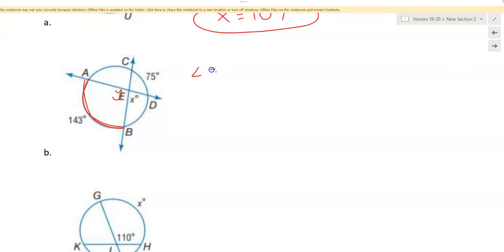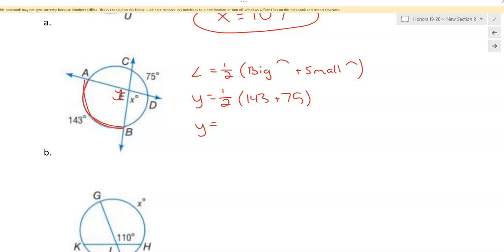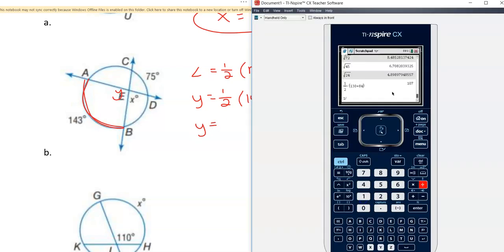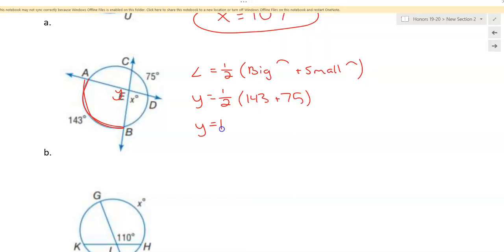So angle equals 1/2 big arc plus small arc. So our angle y equals 1/2 times 143 plus 75. So 1/2 times 143 plus 75 is 109.